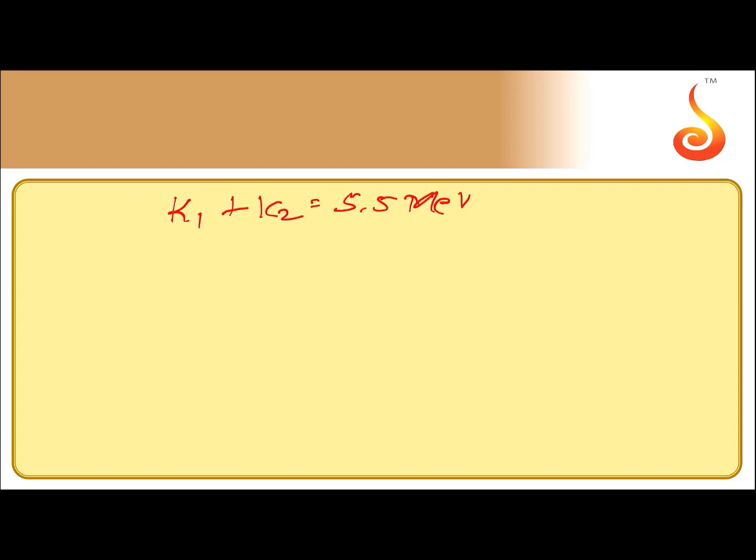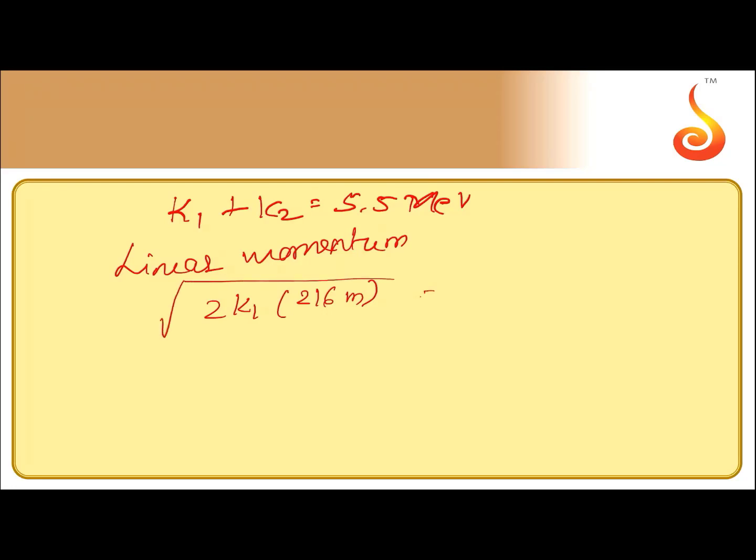Now from conservation of linear momentum, I can write root of 2K1 into 216m should be equal to root of 2K2 into 4m. What is this 216m? This is the mass of the remaining nucleus.